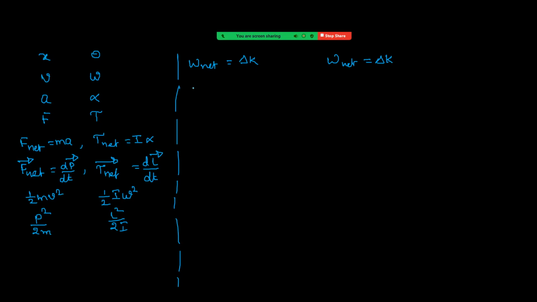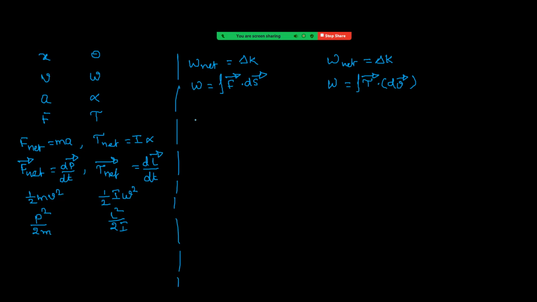And if you see the definition of work done, integral F bar dot ds bar, right? Here, same thing, integral tau bar dot d theta bar. So we have taken work done, net work done, kinetic energy, force.